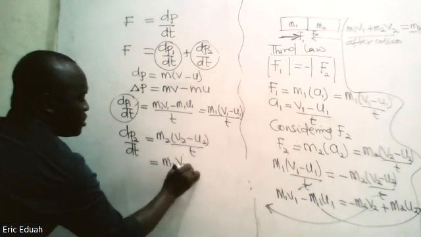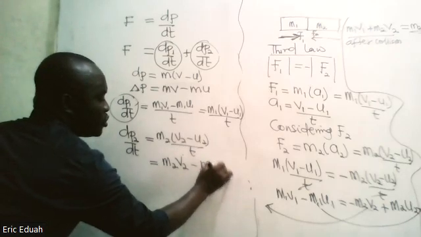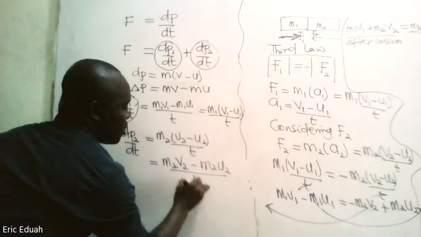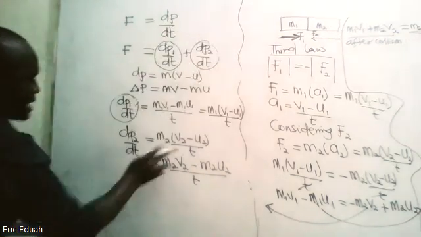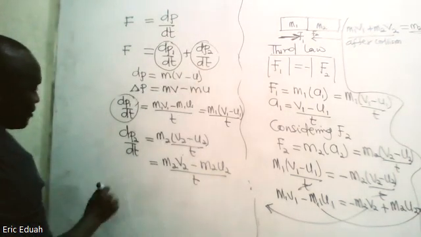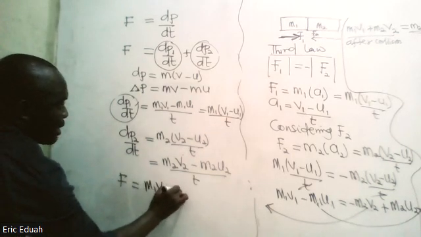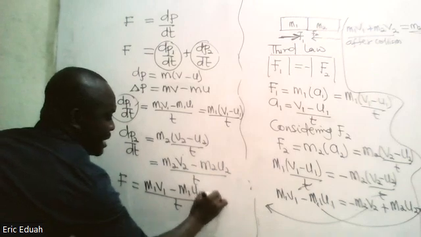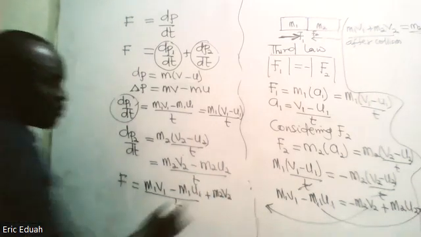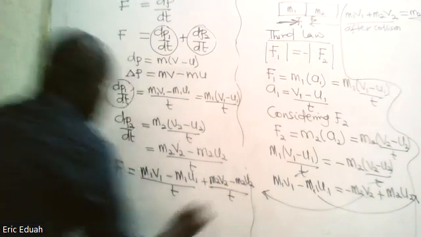So M2 V2 minus M2 U2 all on T. Let's add this plus this. F is equal to M1 V1 minus M1 U1 all on T plus M2 V2 minus M2 U2 all on T.